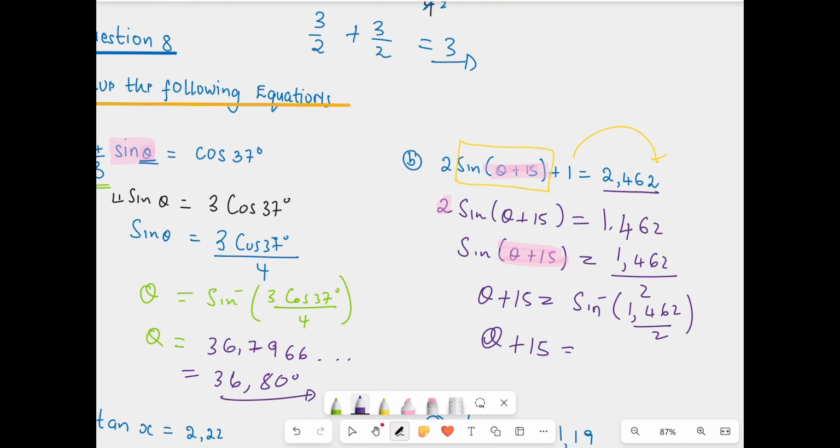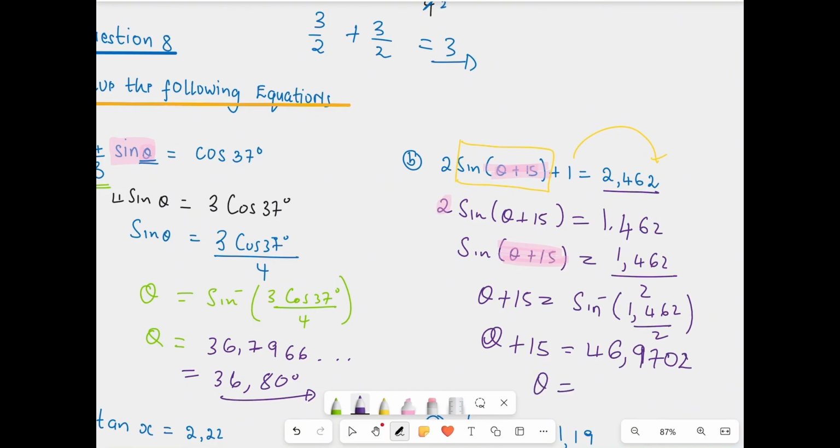So the arcsine of all this will be 46,9702. And then we transpose 15 to remain with theta on the left.